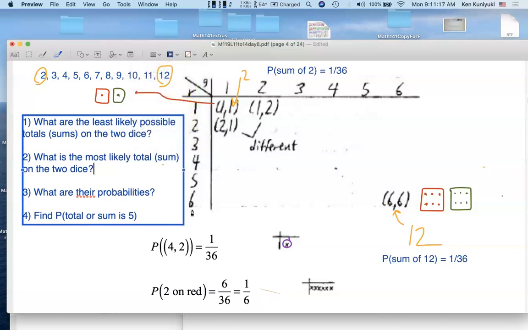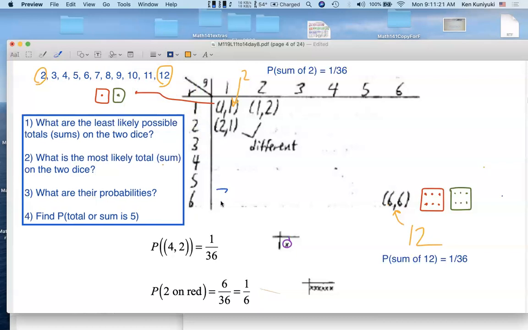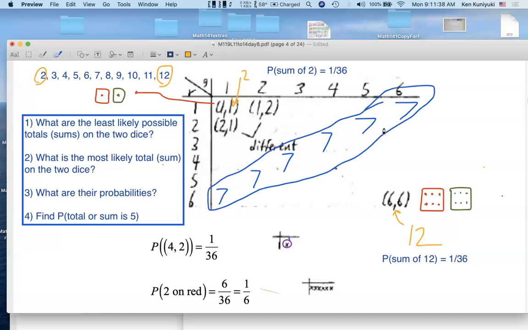How can we get a 7? 6 and 1, 5 and 2, 4 and 3, 3 and 4, 2 and 5, 1 and 6. This is the longest skew diagonal going from lower left to upper right.